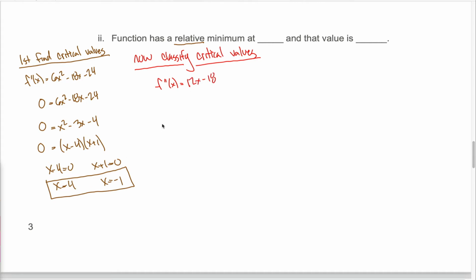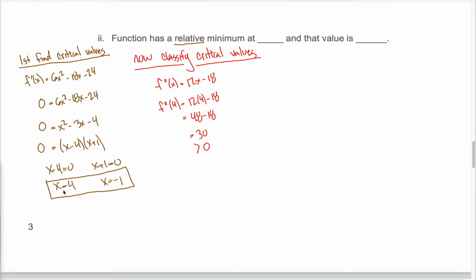To classify my critical value at 4, I evaluate f double prime of 4. That's 12 times 4 minus 18. That's 48 minus 18. That's 30. Although really I don't even care about this value, the important realization is that that's greater than 0. Think about what that means. Even if you don't have the graph, you can picture the behavior at x equals 4.